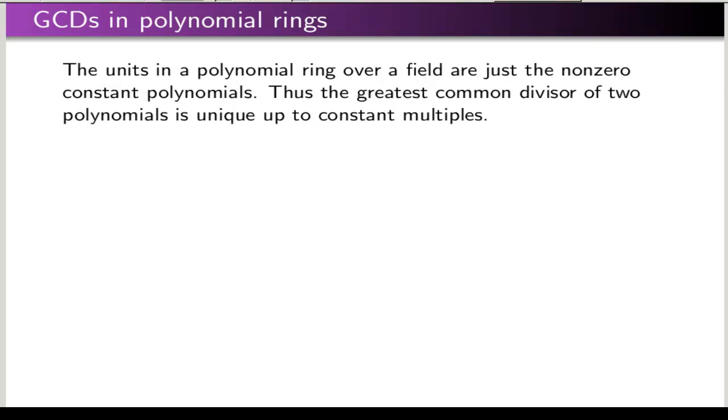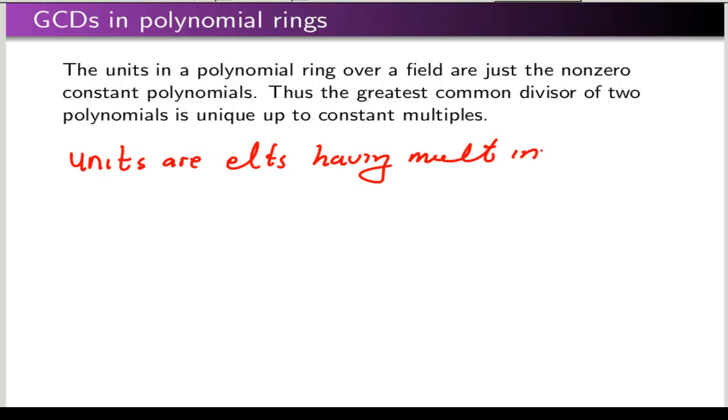And just to recap, for polynomial rings, the set of units are just non-zero constant polynomials. To be a unit means that it has a multiplicative inverse. So units are elements having multiplicative inverses.